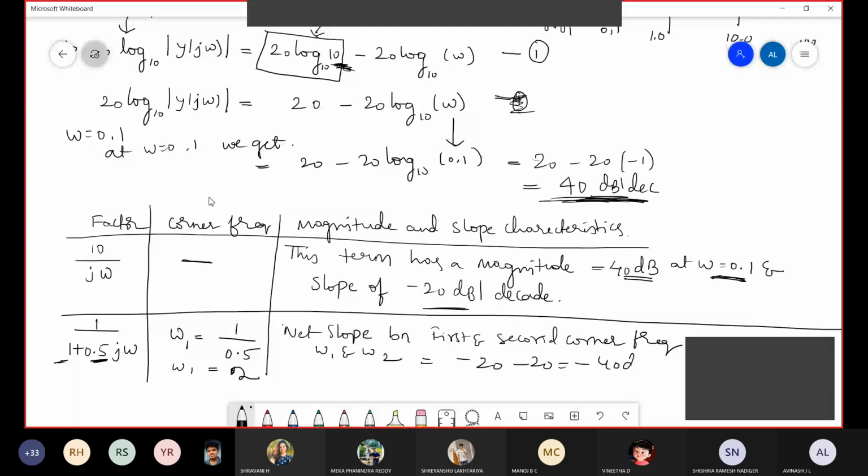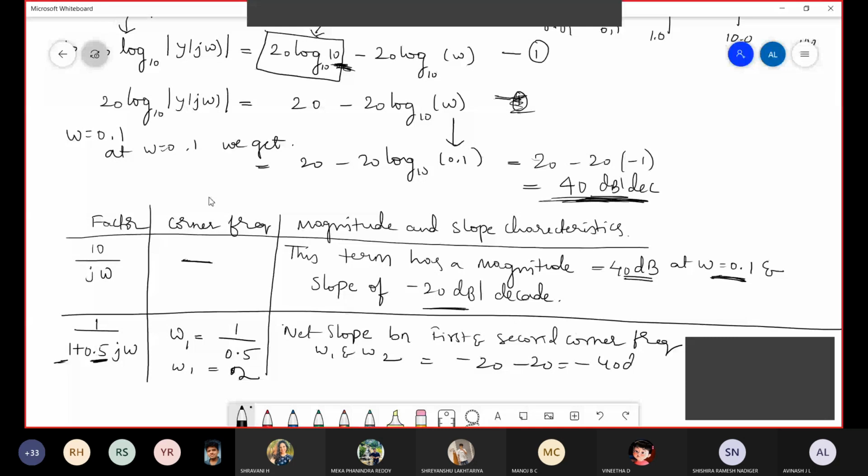When we talk about the third factor, it is 1 plus 0.1 j omega. The next corner frequency is 1 divided by 0.1, which is equal to 10.